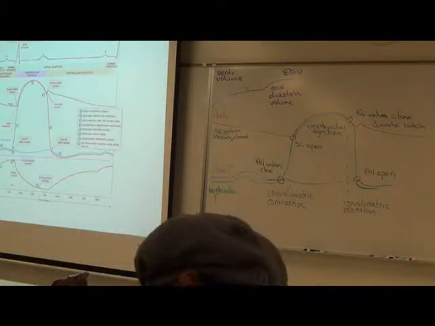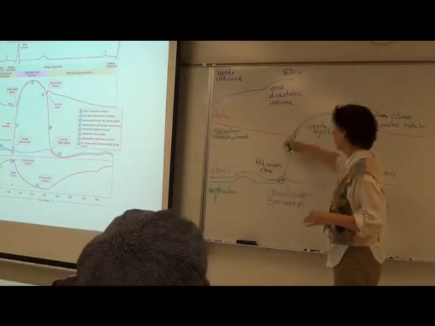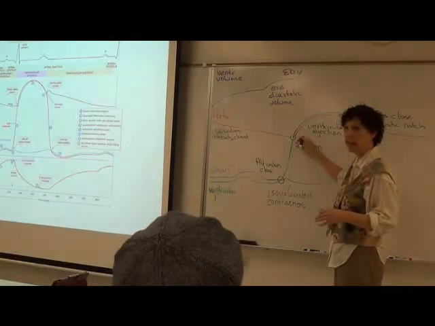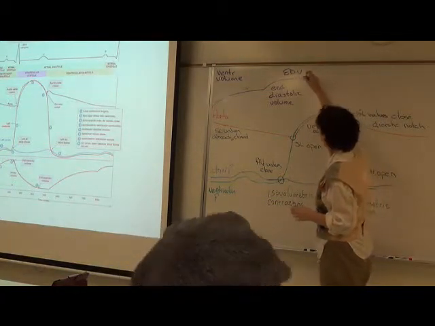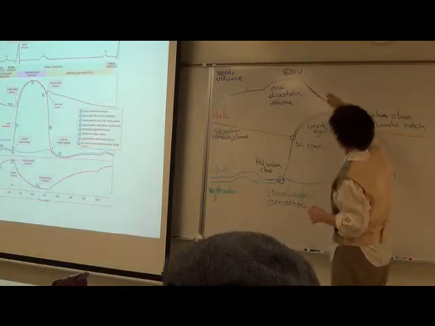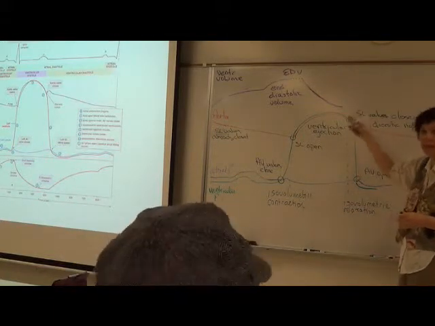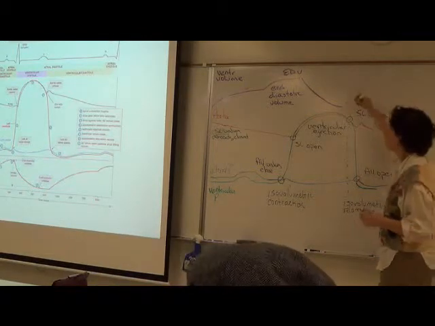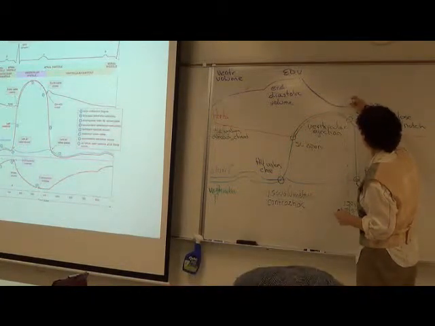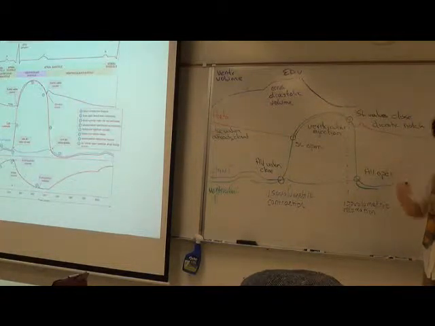Okay? Then the atrioventricular valves remain closed while the semilunar valves open, and we have ventricular ejection. So while we have ventricular ejection, ventricular volume is decreasing and continues to decrease until the semilunar valves close. And then we have another straight line. This is the lowest volume of blood in the heart.